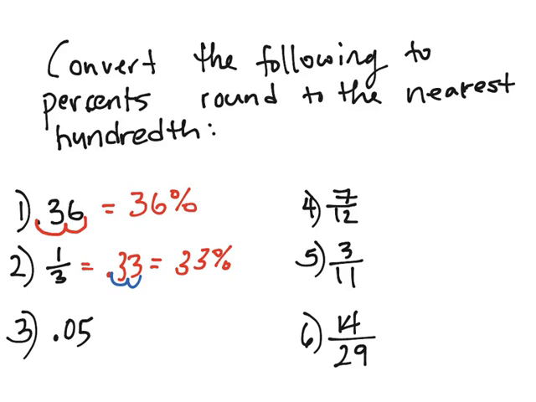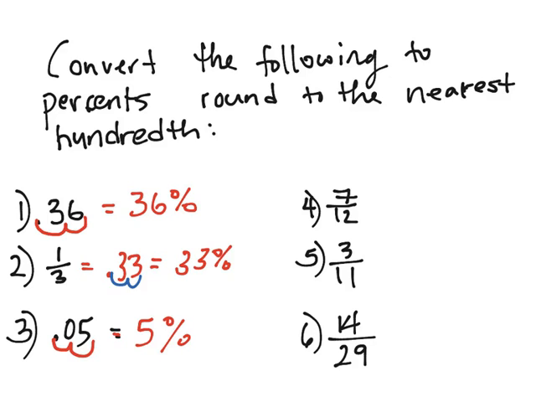Okay, 5 hundredths. We have to be careful here. This is a very common mistake people make. We're just going to multiply this by 100, and we get 5%, okay? Sometimes people often answer that incorrectly as 50%. It's not, it's 5%.